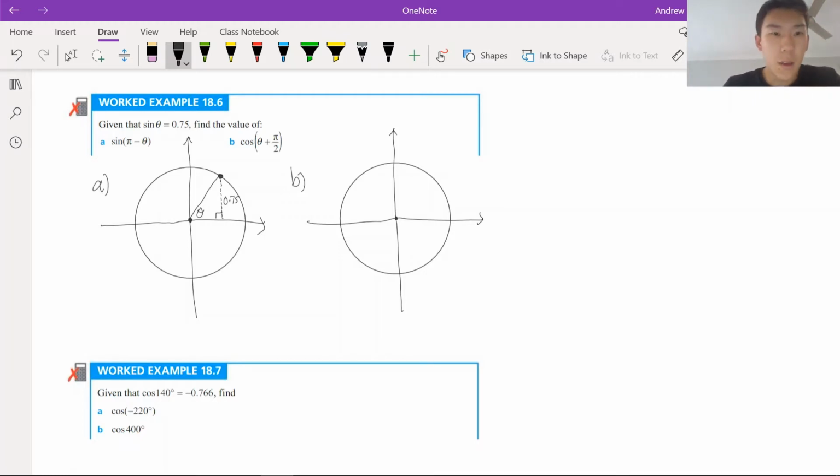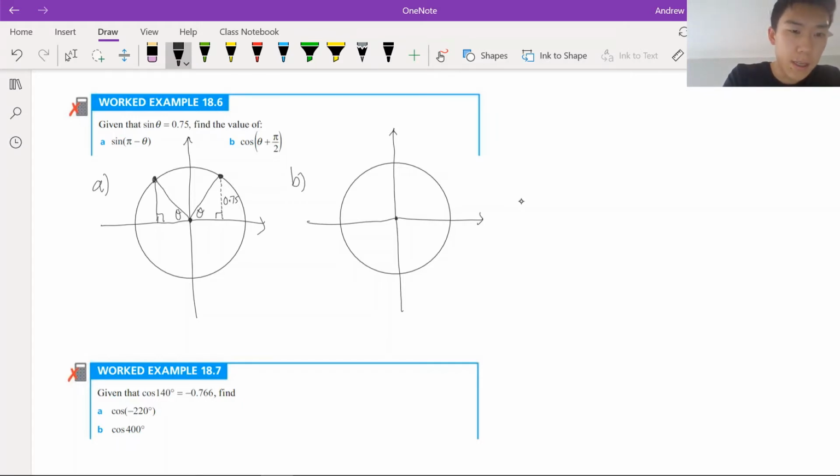Now if we do pi minus theta, that means if we start at pi and we go anti-clockwise by theta, it's basically going to be the exact same triangle, just with a different orientation. Because look at it this way, pi minus theta, it's still the same triangle, isn't it?